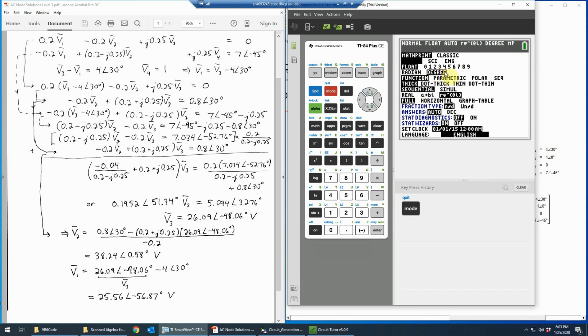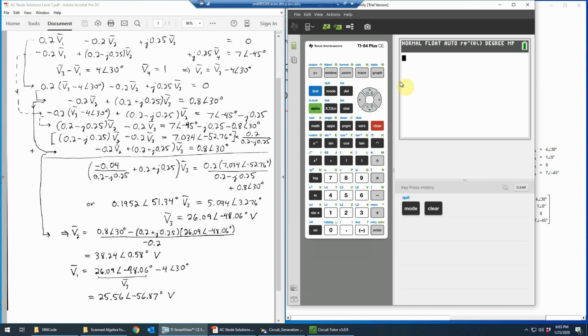I've also chosen degree mode because I'm going to have angles. I want them to be in degrees, because those are the units of angle used in Circuit Tutor and that are really typically used by engineers. Okay, so we're in the correct mode already, and we'll just enter those 3 numbers to subtract. So we have 7. Now, I've pre-programmed, as I usually do, a variable e, so I put 7 and I'll put e.